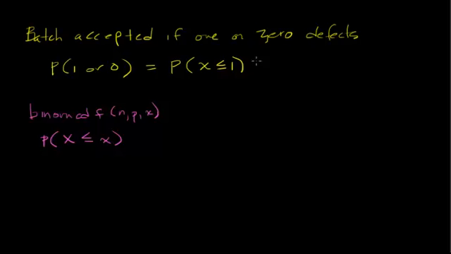So we can use the binomial CDF with n 30, p 0.02, and x, that's this value here, 1. Cumulative means we want everything up to 1. We want that sum. So let's pull up our calculator.